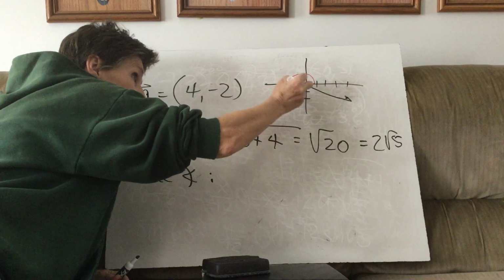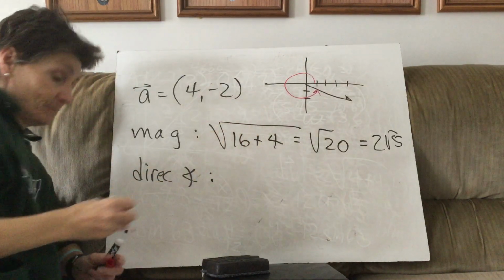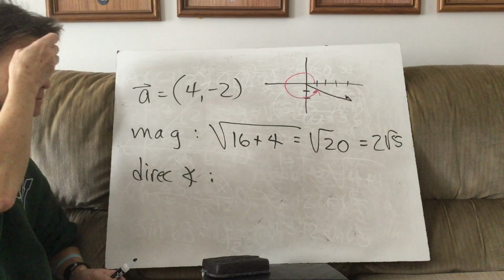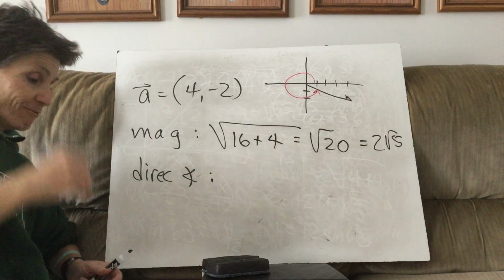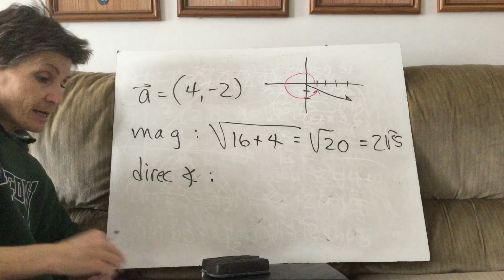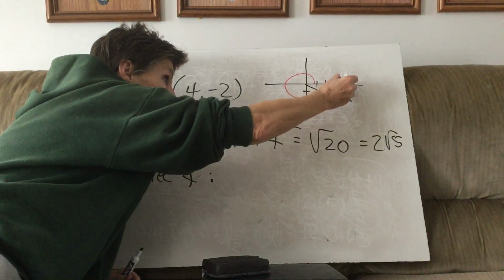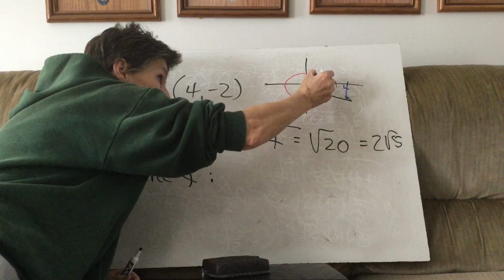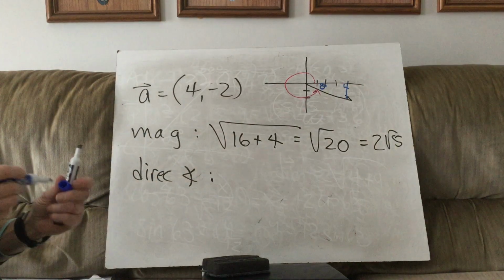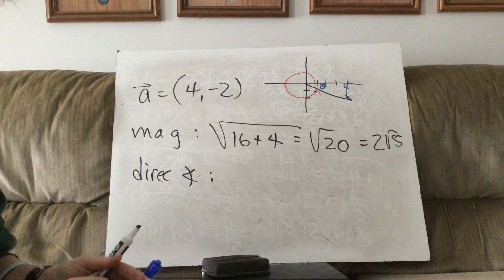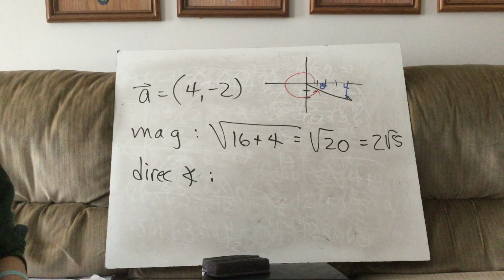This is the direction angle. But I can't find that. Instead, I'm going to find that angle. I always try to find the one inside the triangle at the origin.